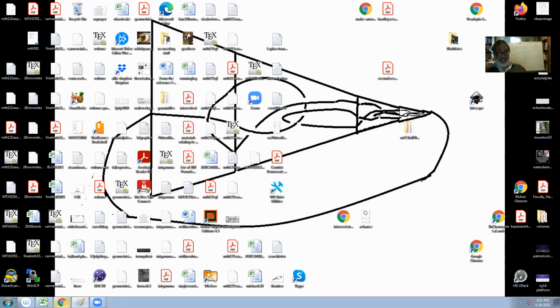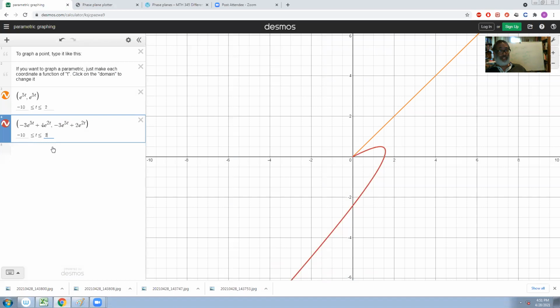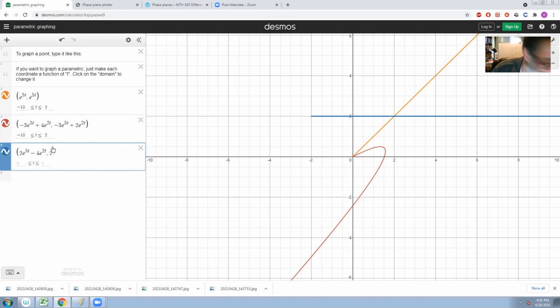Now let's take a look at what this looks like in Desmos. We have 2e to the 5t minus 4e to the 2t, and then 2e to the 5t minus 2e to the 2t.